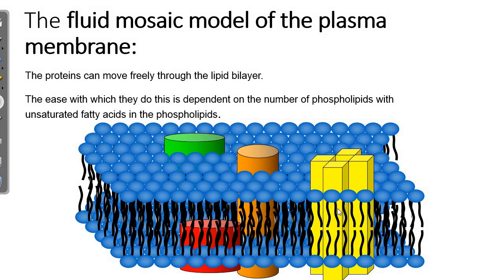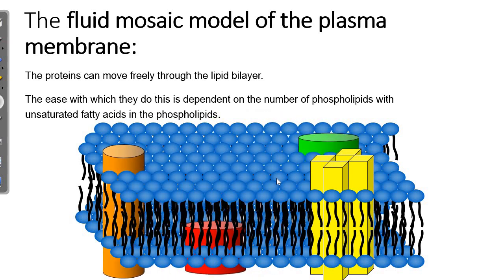It is described as fluid, that is because both the phospholipids and the proteins which are present can move about by diffusion. You see, like this. These are the integral proteins, they can move about by the process of diffusion.